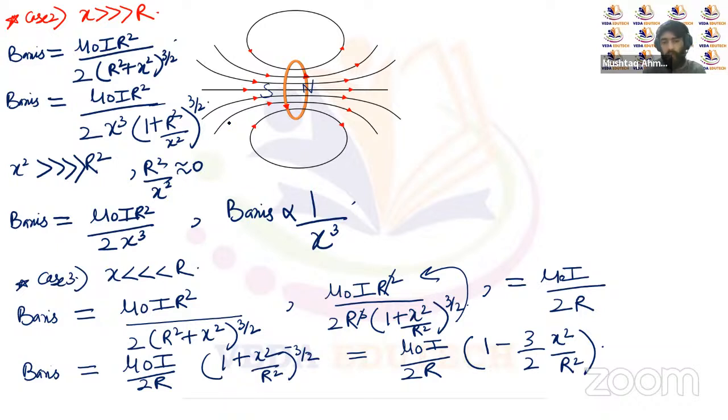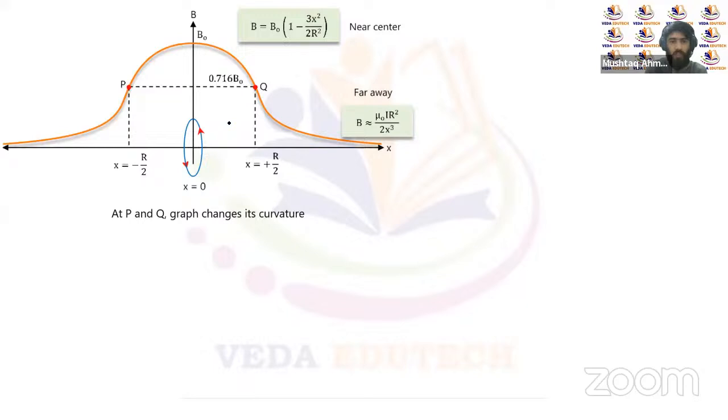Similarly, very close to the center, it almost behaves like a uniform magnetic field, and the field lines behave like parallel lines. The relation near the center becomes mu naught I upon 2r times 1 minus 3x square upon 2r square.